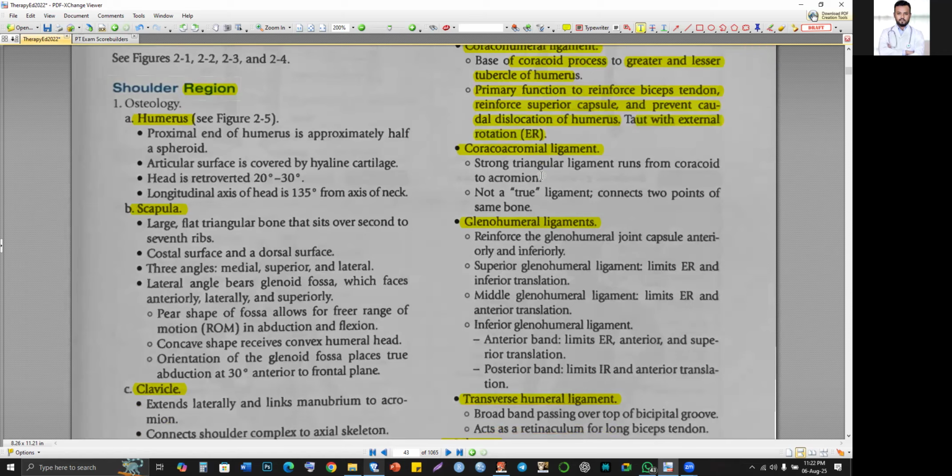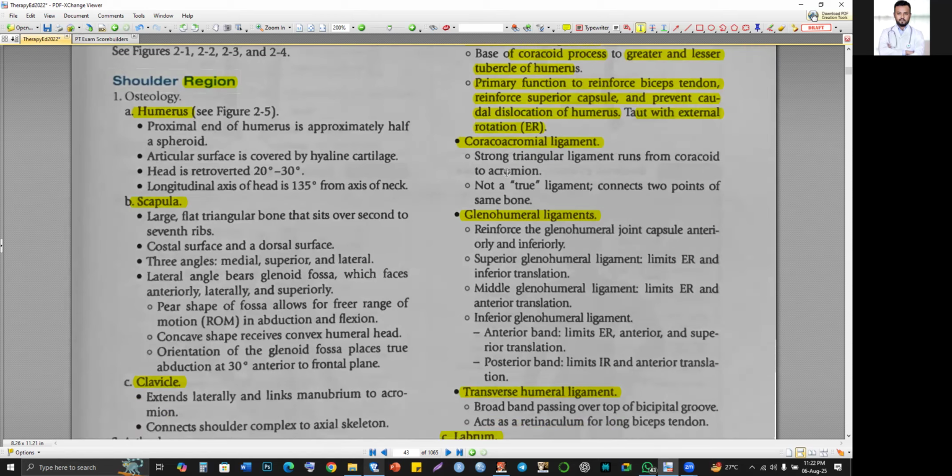If taught, then the external, if it actually happens by external rotation, then coracoacromial ligament, a strong triangular ligament runs from the coracoid to acromion. Not a true ligament, as it connects 2 points of the same bone.